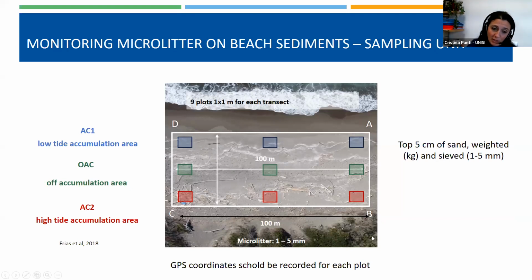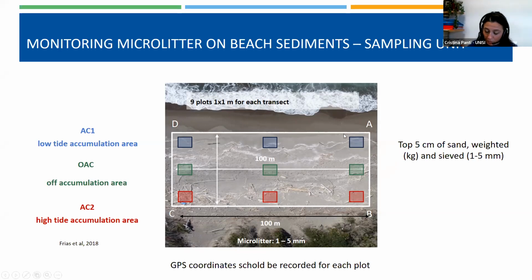But one of the most important things is to identify the low tide accumulation area, the high tide accumulation area, and also the off accumulation area. You will notice when you are on the beach that there are some lines that define the accumulation areas and the off accumulation areas, and we should perform as many plots as possible to have a more representative sampling. So we should sample inside these plots.